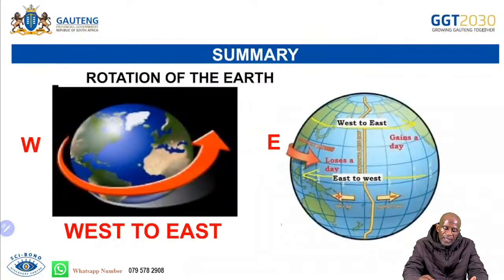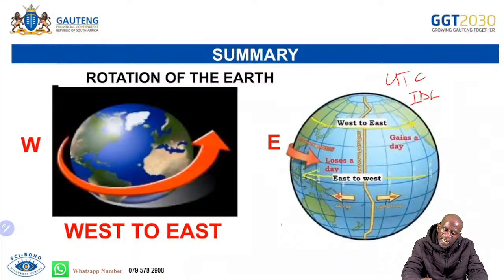Now, in short, the crucial aspect is that the rotation of the Earth is from west to east, so it is anti-clockwise. And remember those lines of longitude. We spoke of the UTC and the IDL, which is the international date line.